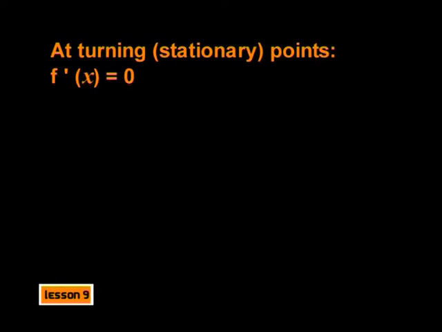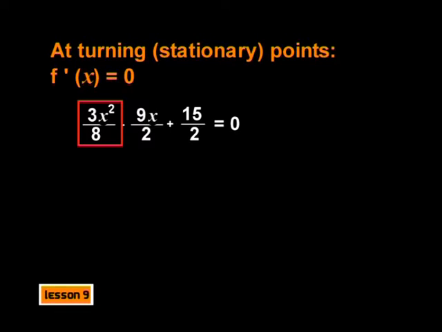That is, f dashed of x should equal 0. In other words, 3x squared divided by 8 minus 9x divided by 2 plus 15 divided by 2 should equal 0.